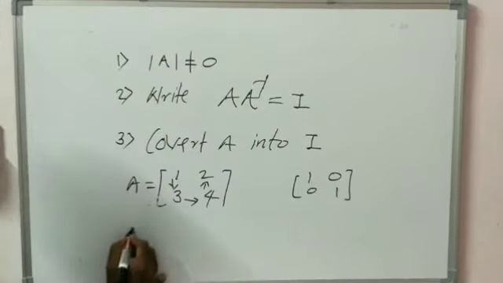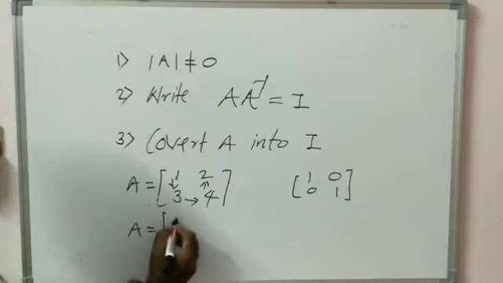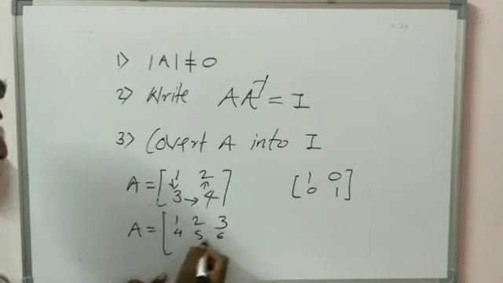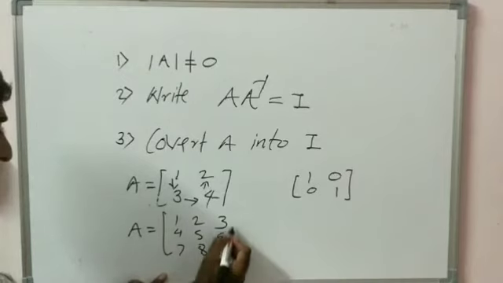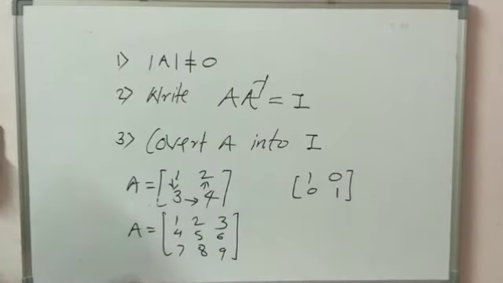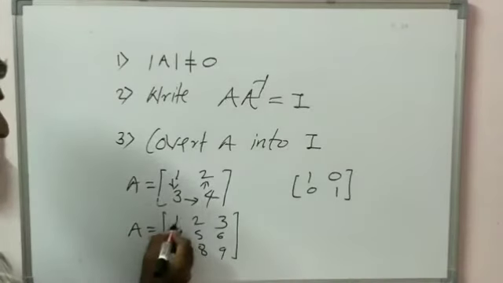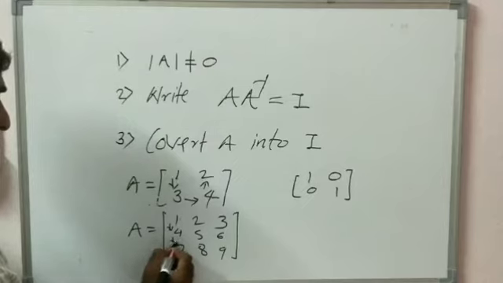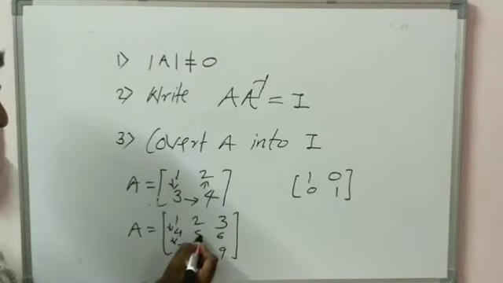Or if the matrix is of order 3 by 3, then what is the sequence? First this 1, then 0, then this 0, then the 1.